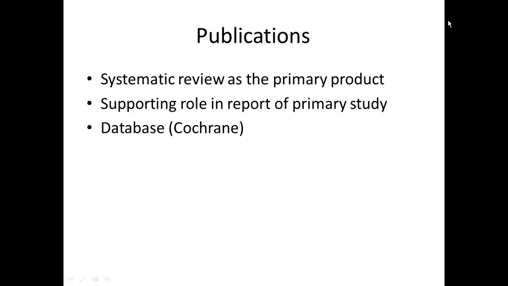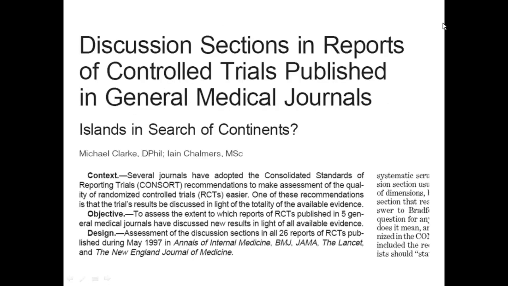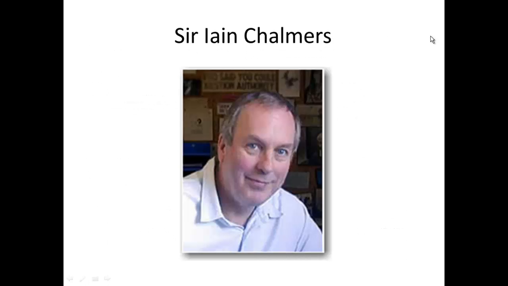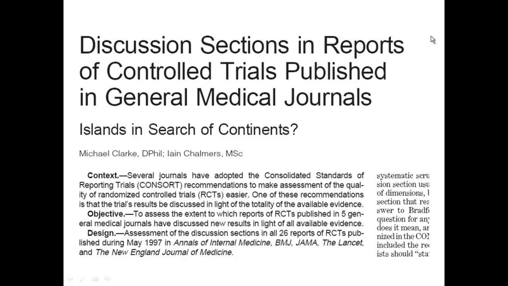And finally, the thing that people generally think of when they think of a meta-analysis is the publication. This is Ian Chalmers. He's not related to Tom Chalmers, although they once thought they might have been related to each other, but it turns out they're not. He wrote this article called Discussion Sections in Reports of Controlled Trials Published in General Medical Journals, Islands in Search of Continents.